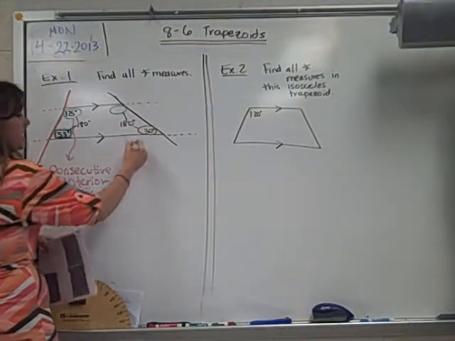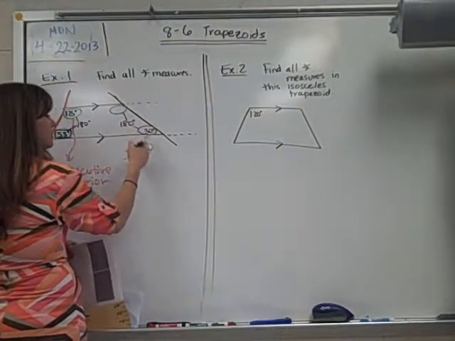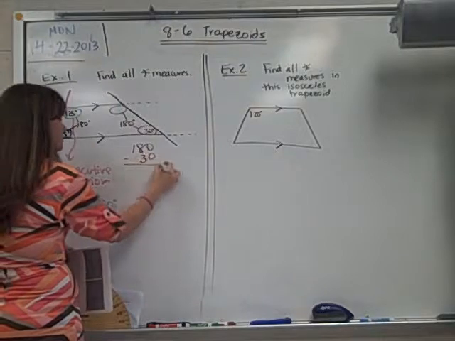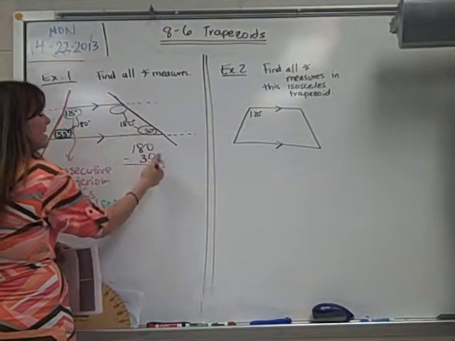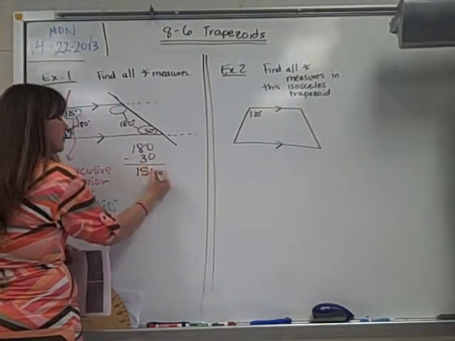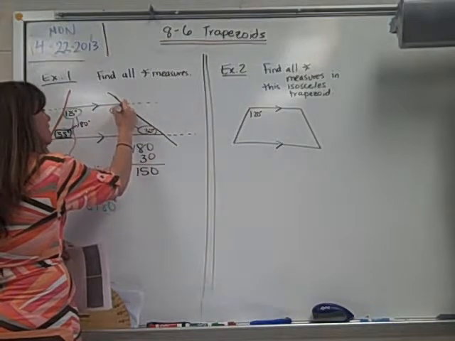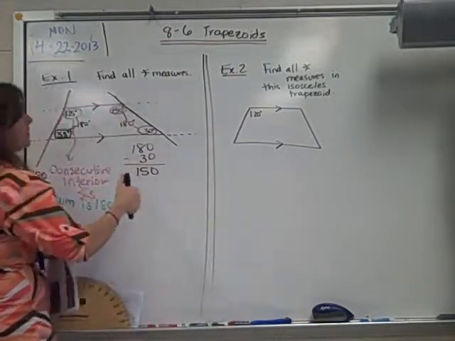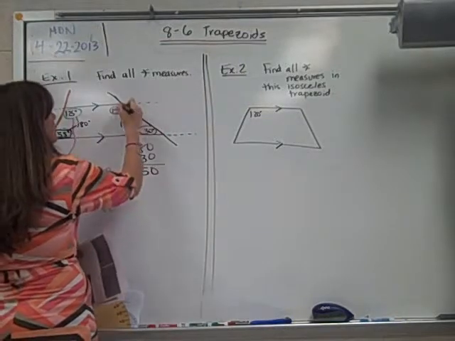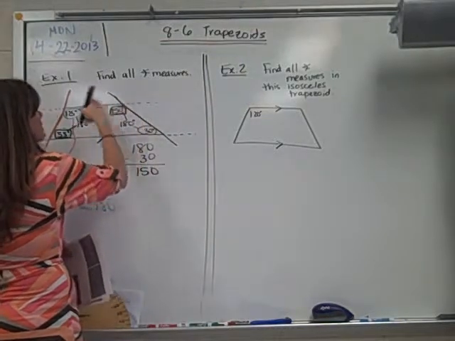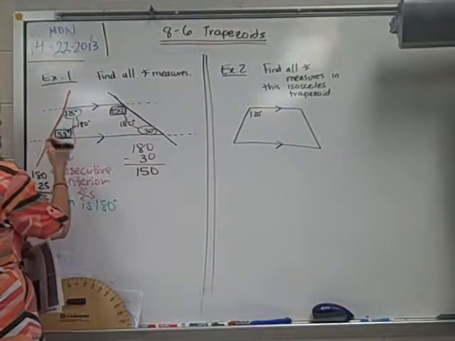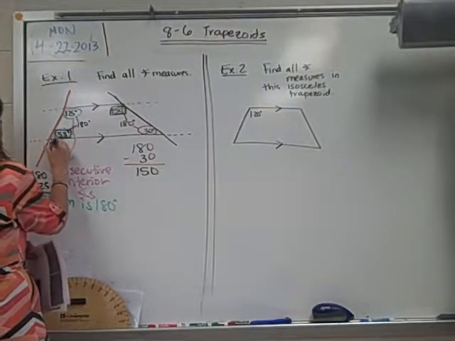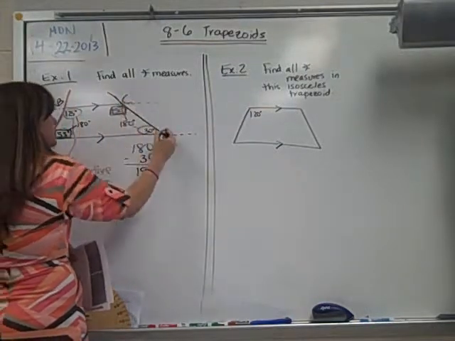This is a little bit easier one. The numbers, that is. Because if you have a total of 180, you already have a 30 there. What's left over for that other angle that you're missing? 150 degrees.